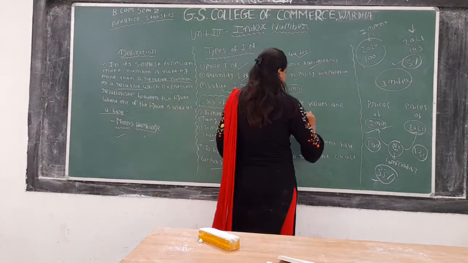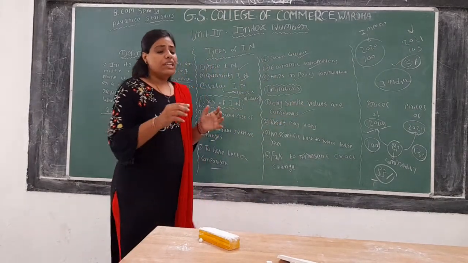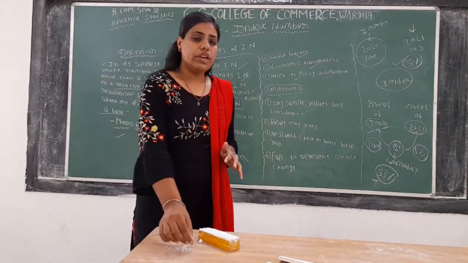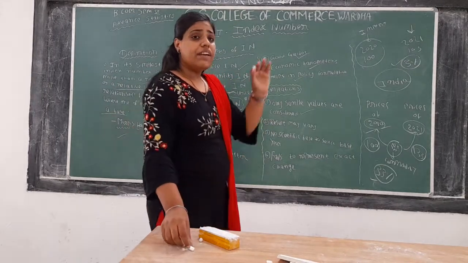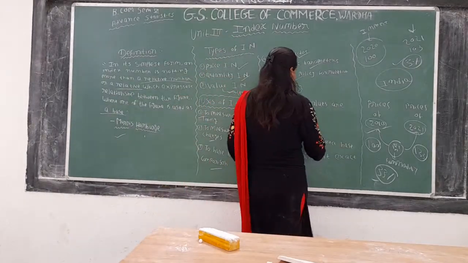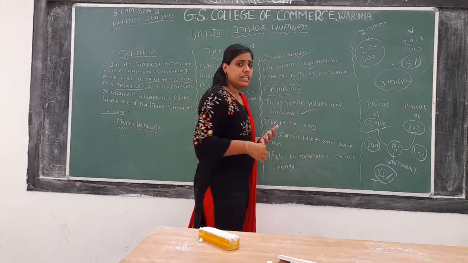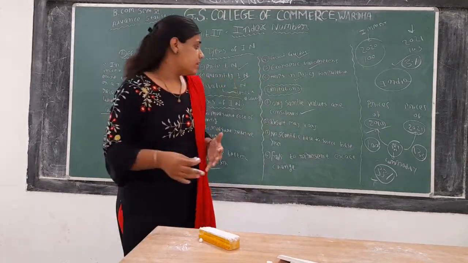Okay, so the first one is that only sample values are considered. See, when the index number is constructed, only samples are considered. Each and every industry, each and every firm within the industry is not considered in order to find out the index number for a particular industry, for finding out the growth of a particular industry.